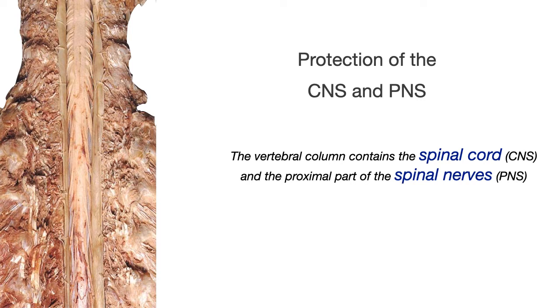You can see the neck and the beginning of the back, and they have removed the membranes that protect the spinal cord and also the posterior part of the vertebrae, and you can see the spinal cord, and if you look, there are like small strings moving to the sides. Those are the spinal nerves, or the roots, because the spinal nerve forms a bit later.